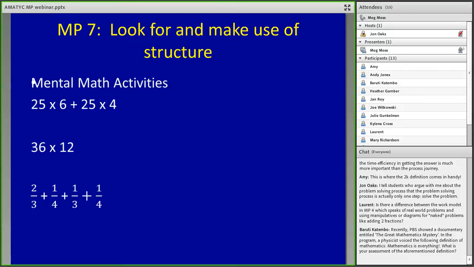I think a big thing with this MP7 is the mental math activities of being able to look for that structure of math, the properties and such, and being able to solve these types of things. And with mental math, I think it's wonderful to give students these problems and say, figure it out without a calculator, and share your strategies.